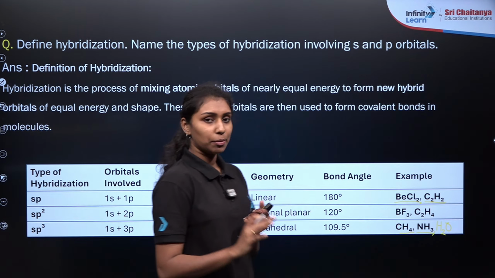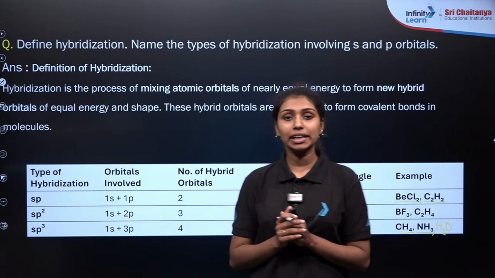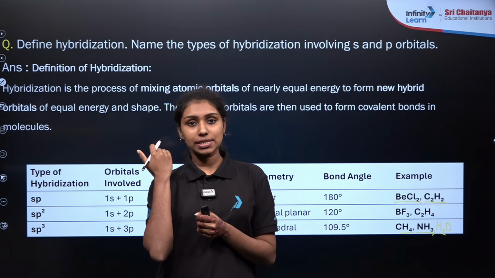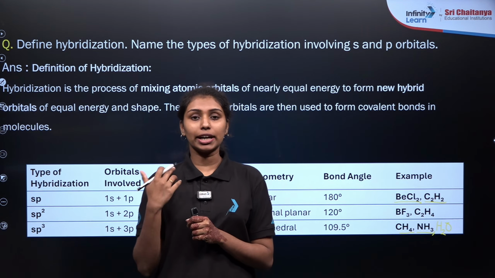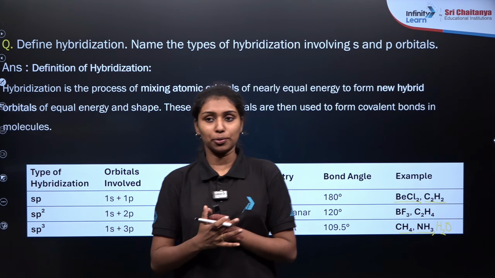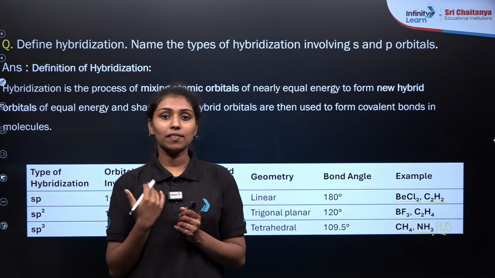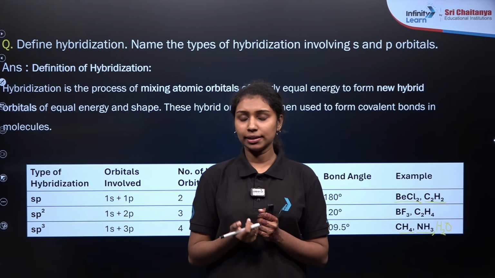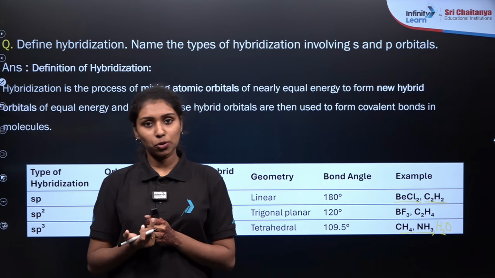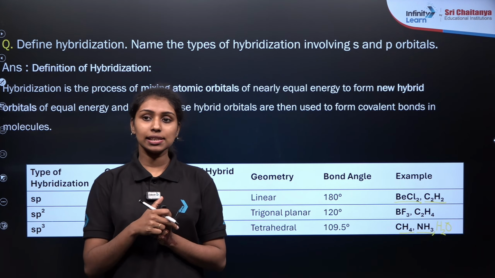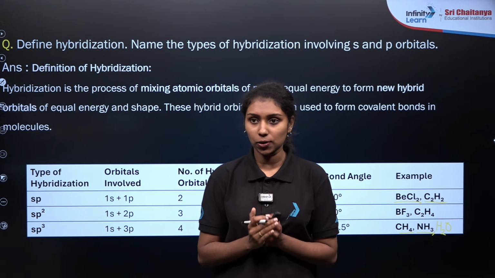Okay, this is all about the hybridization part. So we have already completed our chemical bonding chapter. We started from the basics of chemical bonding: what do we mean by chemical bonding, and what are the different types of bonds? We discussed ionic bonds and covalent bonds, covalent compounds as well as ionic compounds. Then we saw valence bond theory in the last class, and now we have discussed hybridization also.